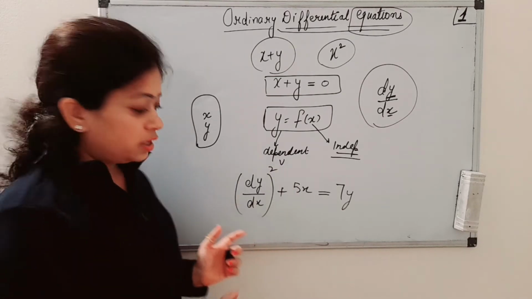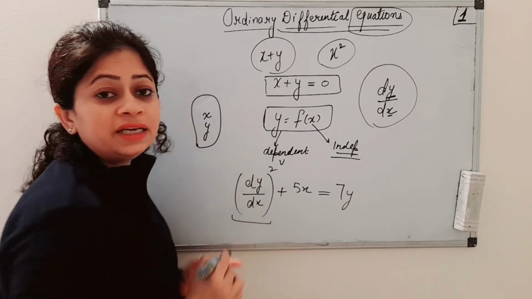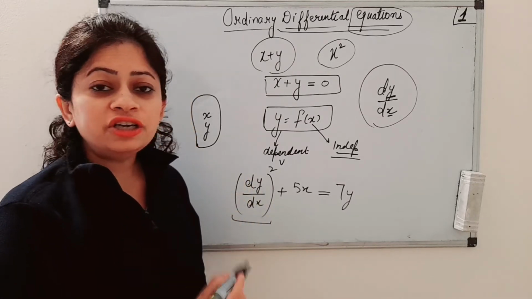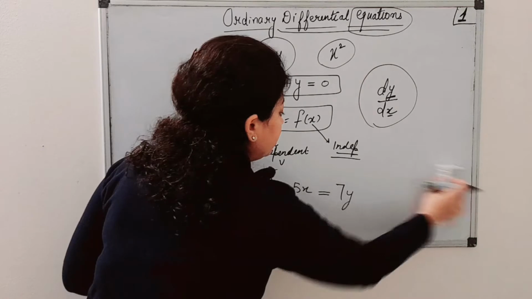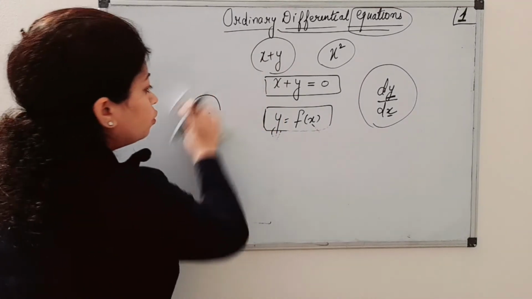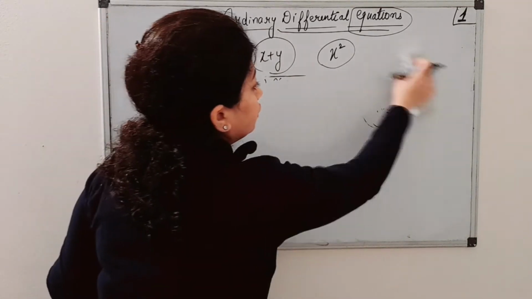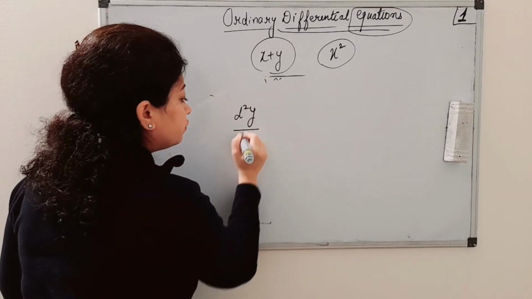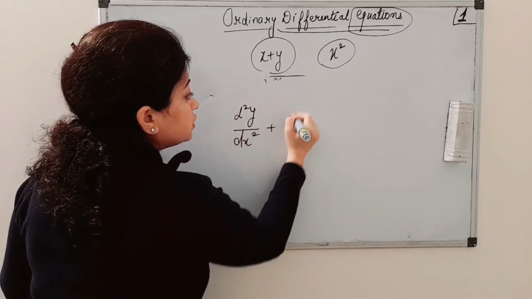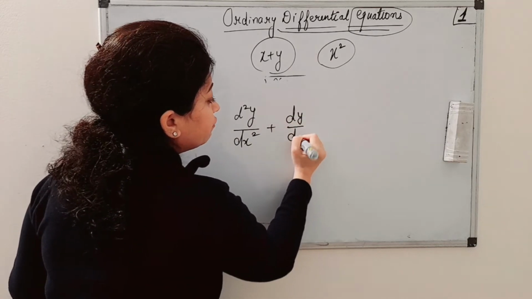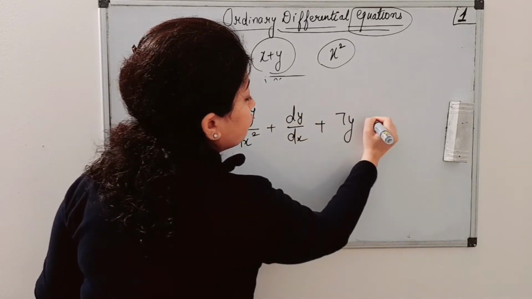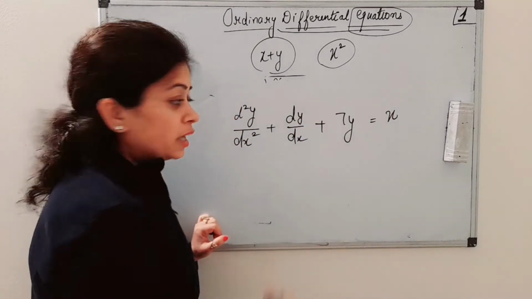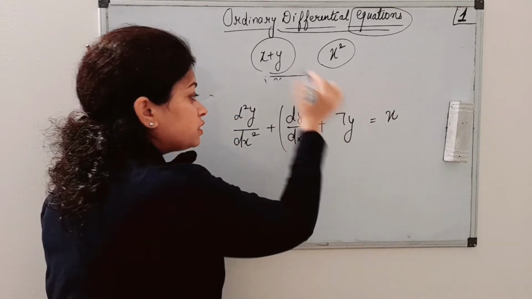If an equation has differentials in it, it is called a differential equation. It may have, suppose, d2y, the second derivative, plus the first derivative plus 7y equal to x. It may have their powers.